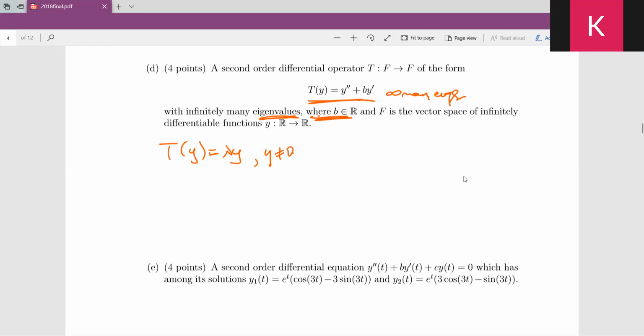So really you're asking for which values of lambda does this equation have infinitely many solutions? So this equation is just y double prime plus b y prime equals lambda y, right? So when does that have a non-zero solution? Suppose you fix b, for which lambda does that have a non-zero solution?